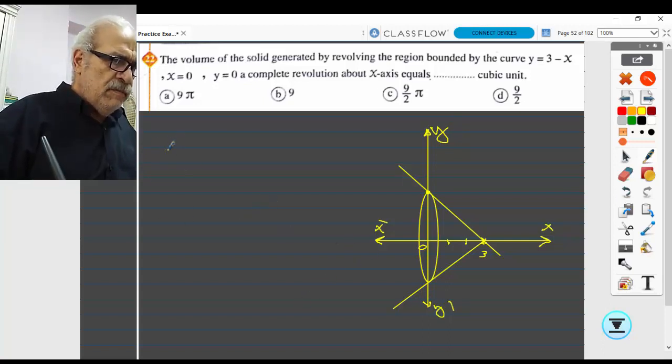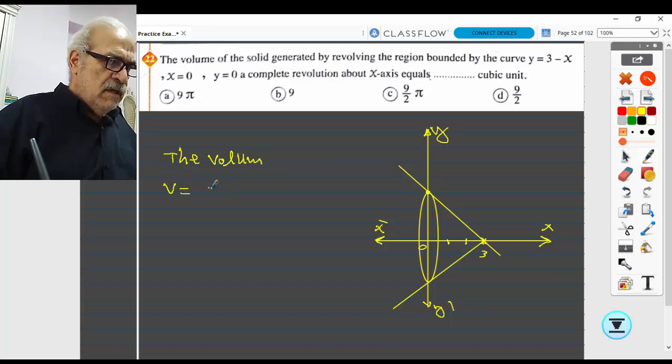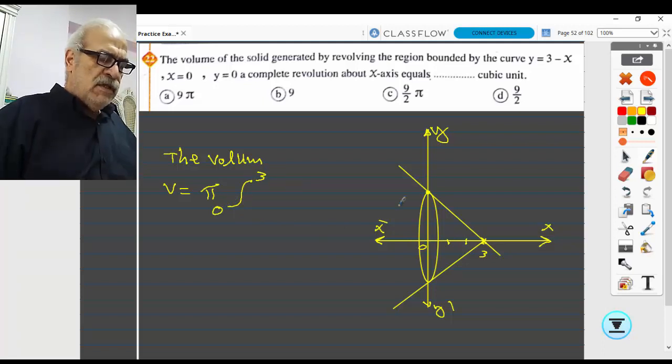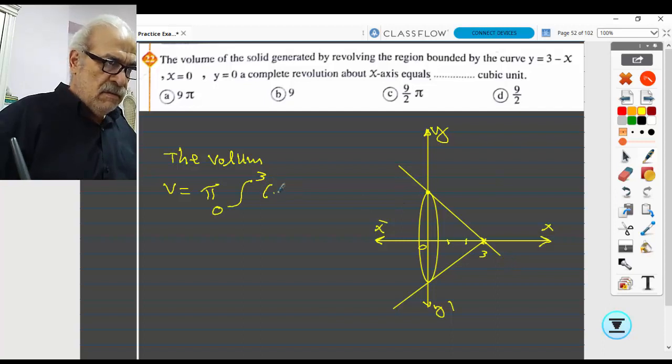Okay, the volume V equals pi times the integration from 0 to 3. What is the equation of this straight line? It's 3 minus x. So 3 minus x all squared, dx.